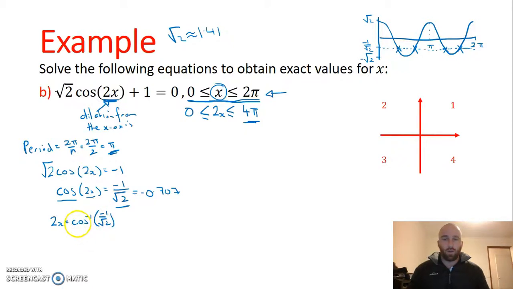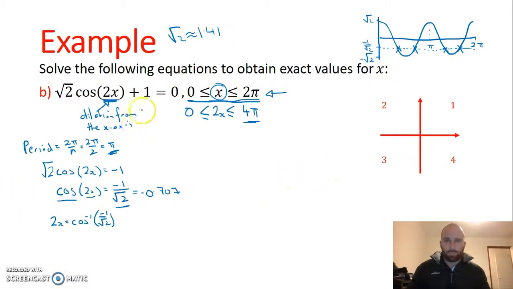I need to find the angle where cos is -1 over square root 2. If you refer to your little diagram, if you look at the column with cos, and we trace down to where it's 1 over square root 2, you're going to find it's actually pi on 4.